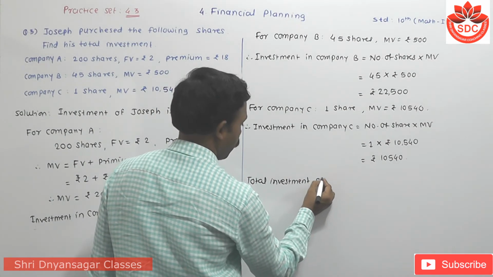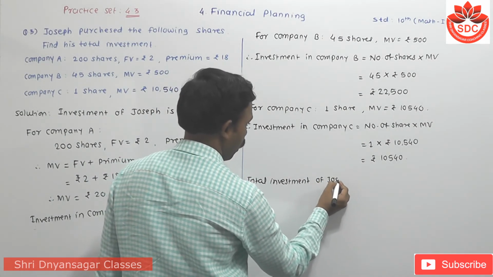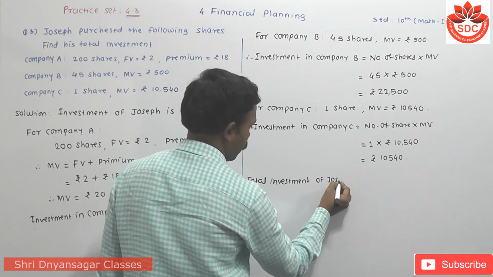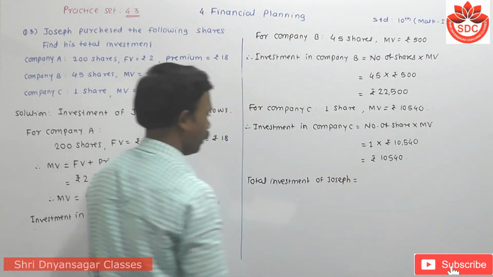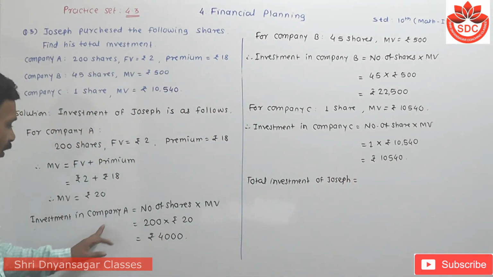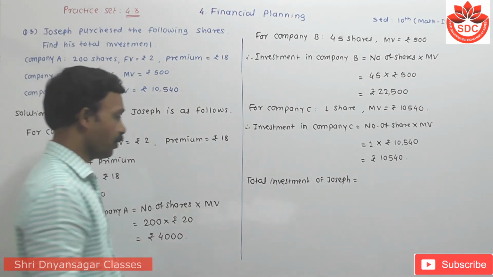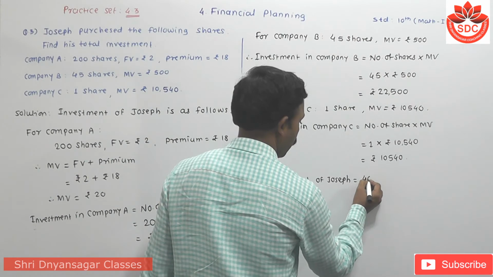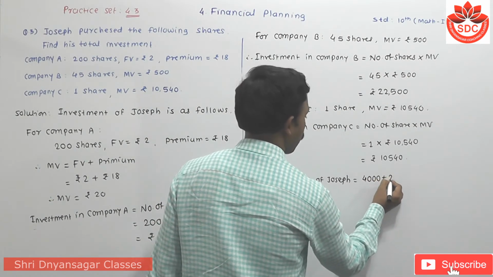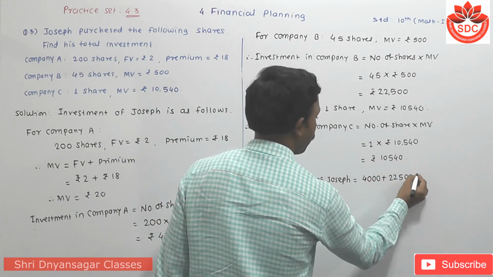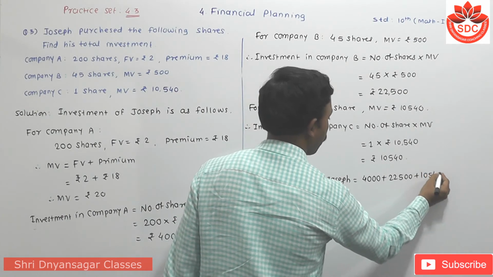Now student, then total investment of Joseph is equal to, we have to add all these investments of company A, B and C, means rupees 4,000 plus 22,500 plus 10,540.